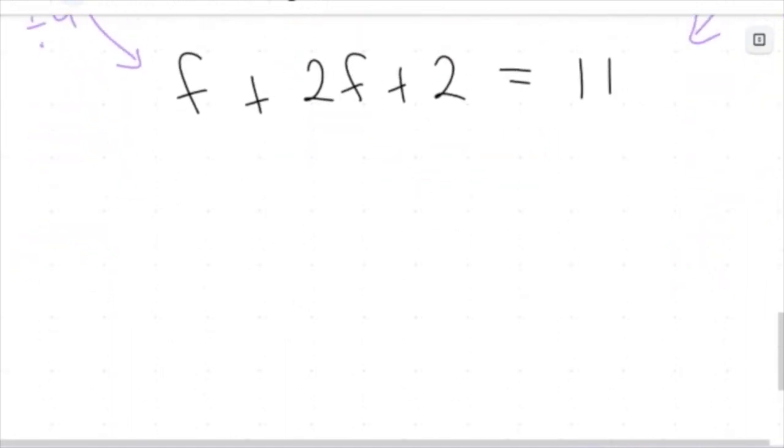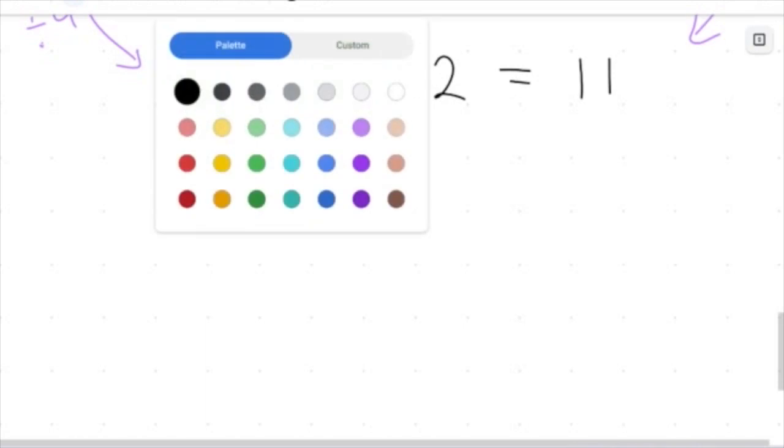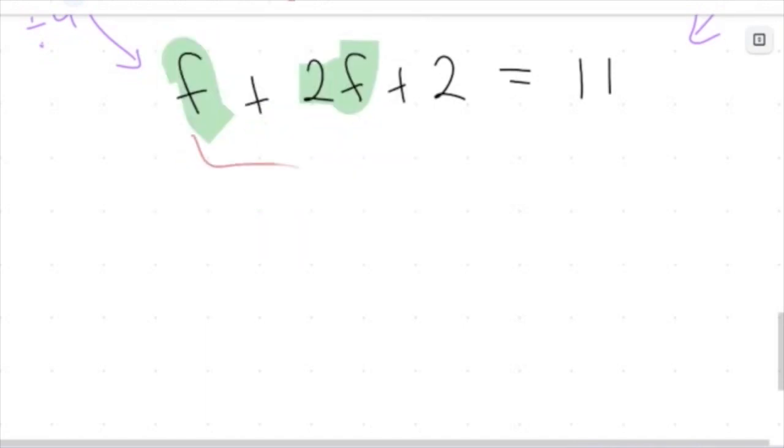Now, once again, I can add my like terms now. So if I have one lot of f, I add it to two lots of f. That gives me 3 lots of f plus 2 equals 11. Cool.